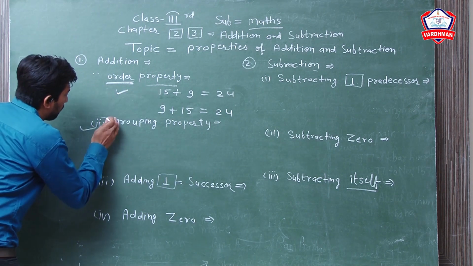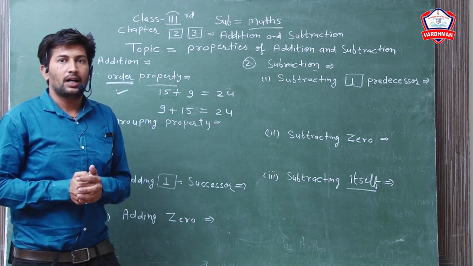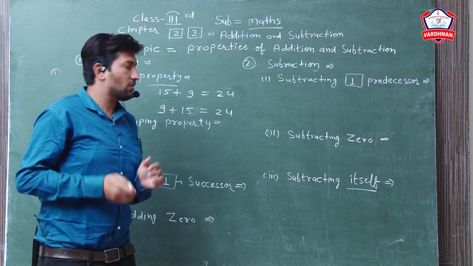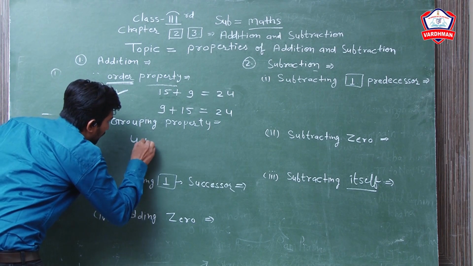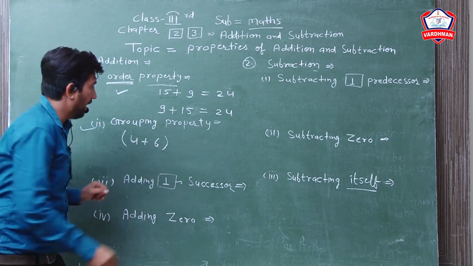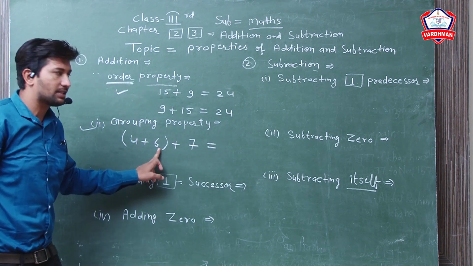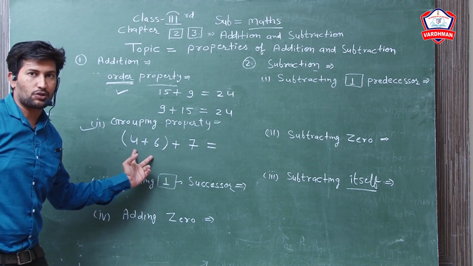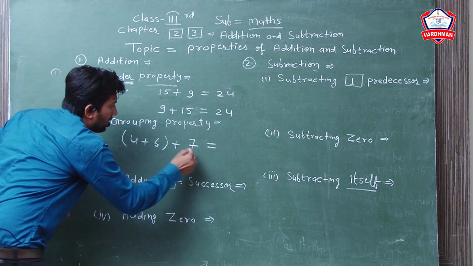Second is the grouping property. Now you can understand about the small kostak, in which we describe the group in these numbers. Like 4 and 6 make one group, represented by a small कोष्टक, and add by 7.